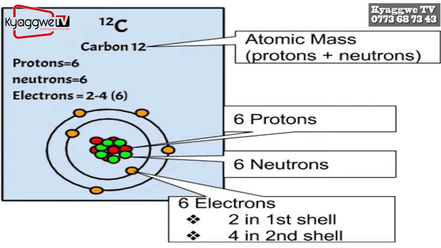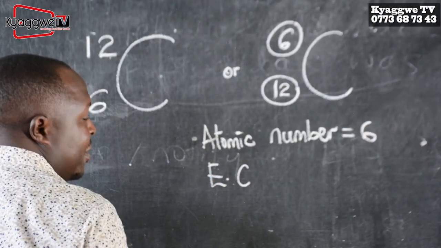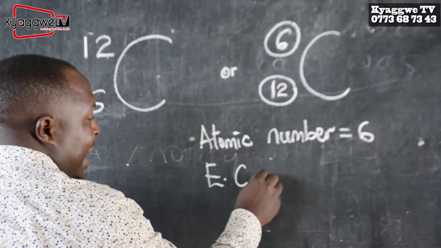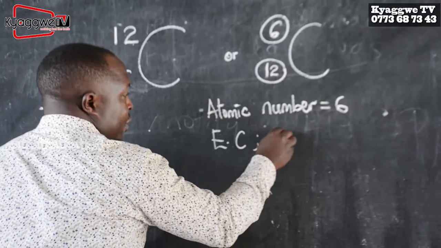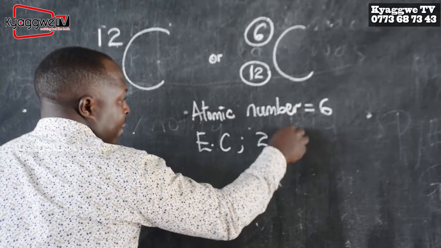Therefore, if the atomic number is 6, we can write the electronic configuration of carbon as 2,4.